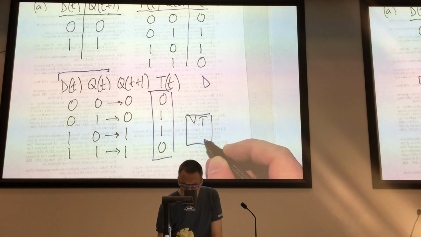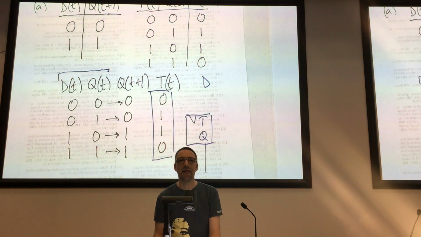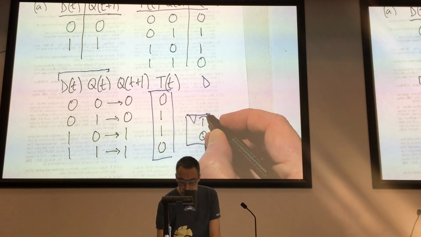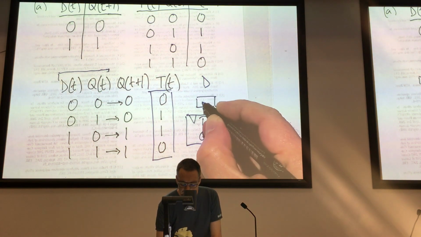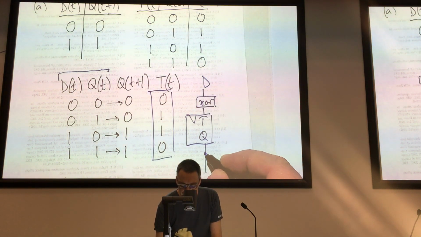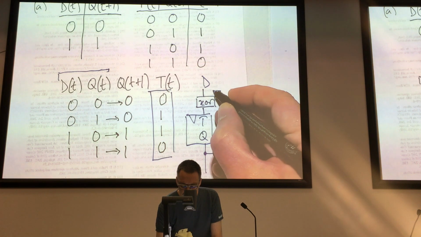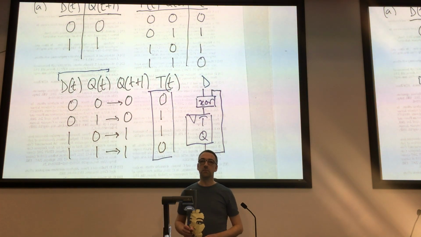So what that tells us is that we should build a circuit like this. Here's our T flip-flop. And we figured out that the signal we need to send to T, in order to get the behavior of a D flip-flop, is the XOR of D and Q. Can everyone see where that came from?